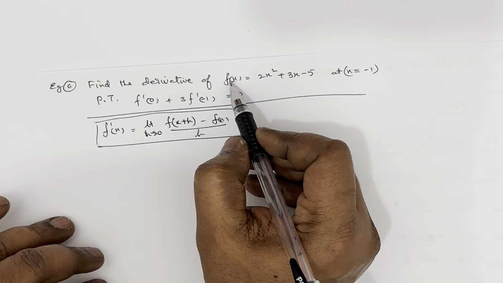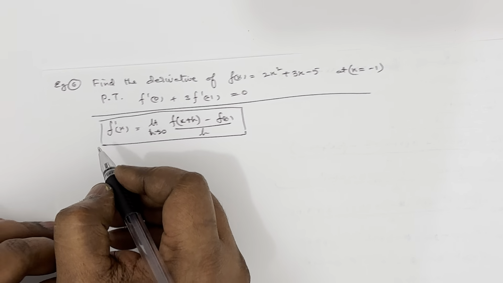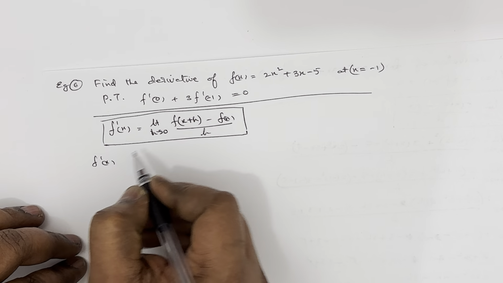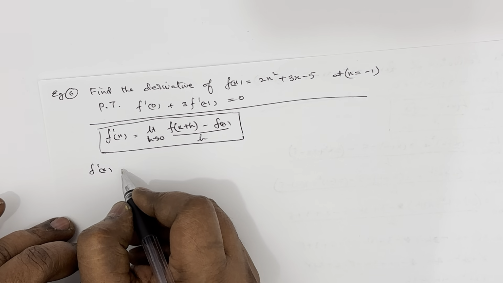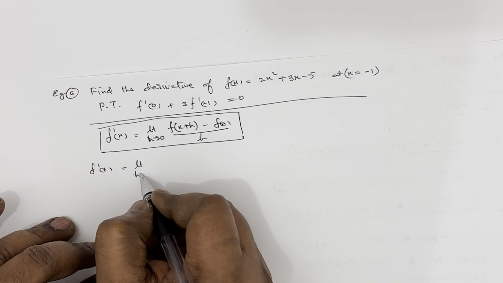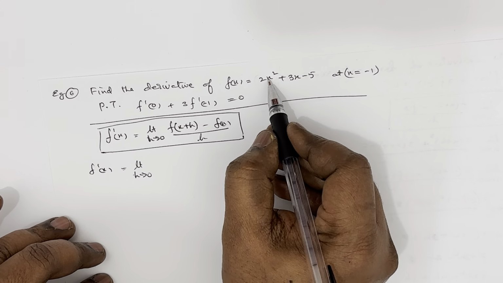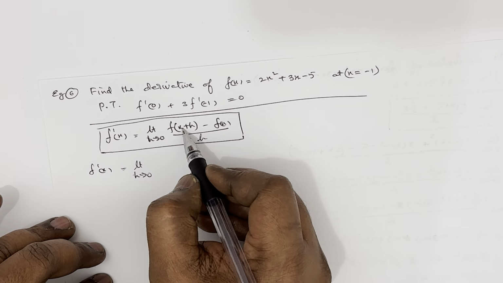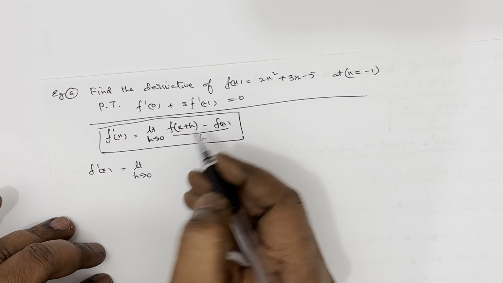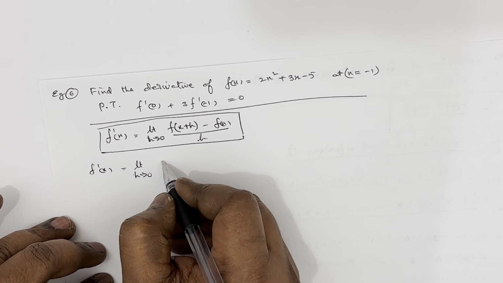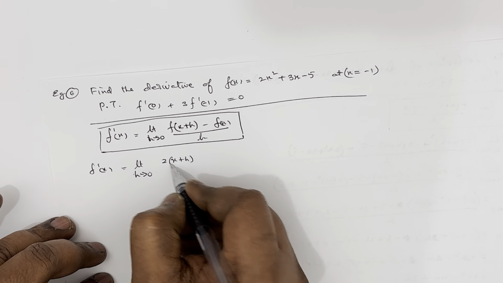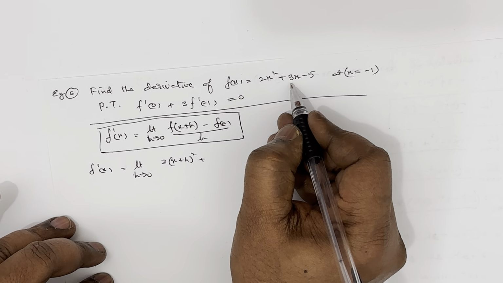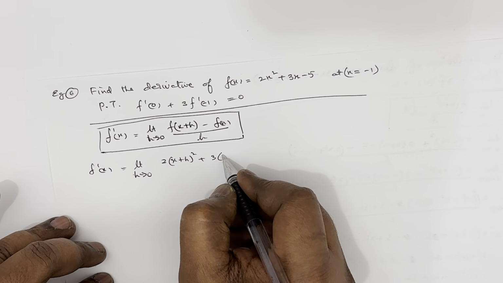Now this is f of x, so f dash of x will be, let's put the function here. So it will be limit h tends to 0. Now all the x variables will be added with h. Okay, x plus h, so this is x square, so it becomes x plus h whole square. Okay, plus 3x will become 3 times x plus h.